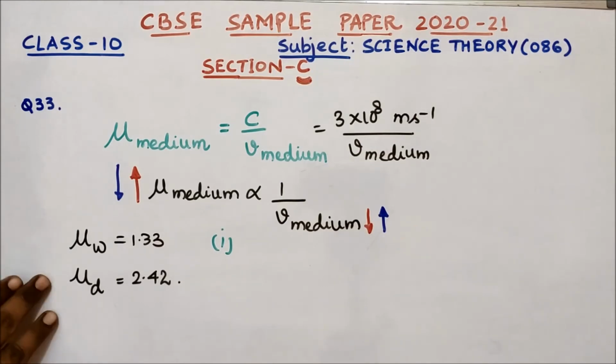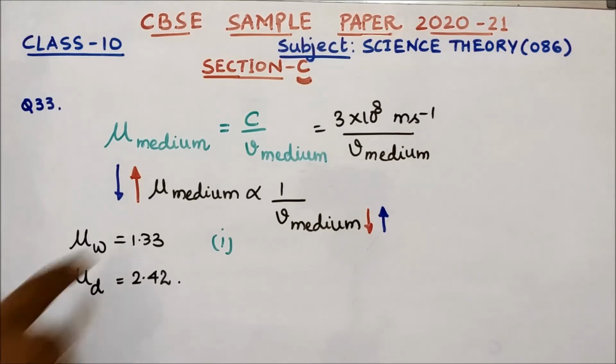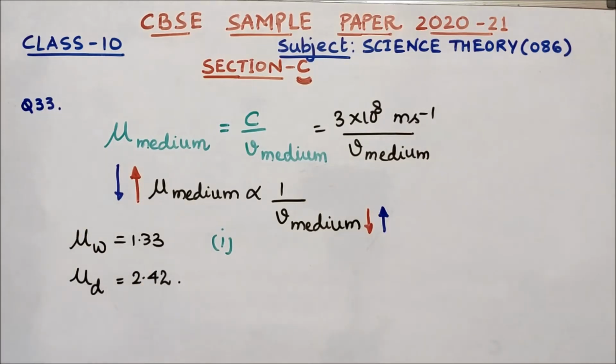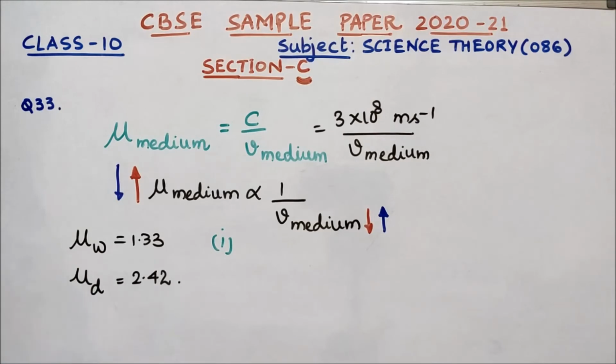By seeing the values, you can tell in which medium the velocity of light will be faster and in which it will be slower. For that, you have to compare whose magnitude is more. The refractive index of diamond with respect to water is more. So the speed of light in diamond is less compared to the speed of light in water.